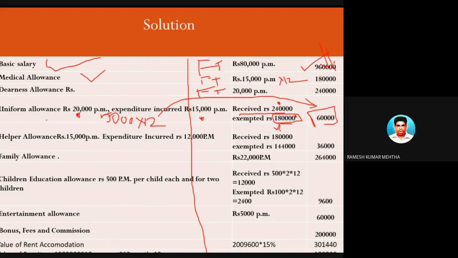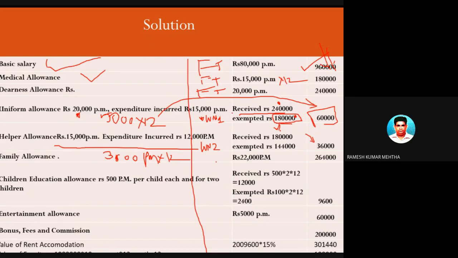Next one is helper allowance. So this is also one more special allowance, and this is working notes number 2. He is receiving 15,000 per month, and the spending is 12,000 per month. The difference is 3,000 per month into 12 is equal to 36,000, which is taxable.